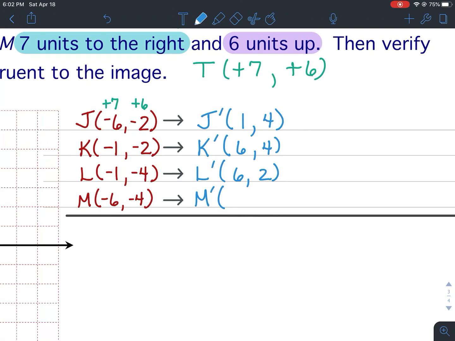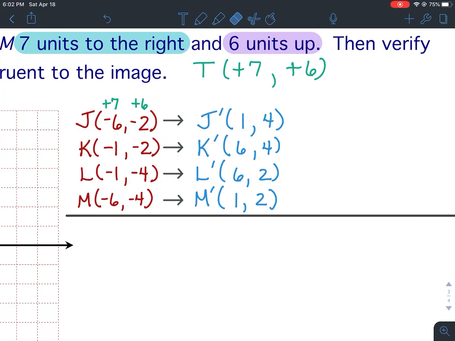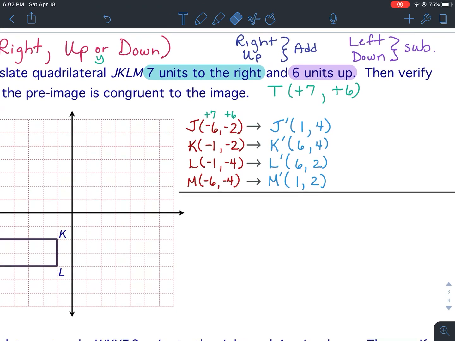For M to M prime, negative 6 plus 7 is 1. And negative 4 plus 6 is 2. I like to put the lines just to keep everything organized. Okay, so we've got J prime is at 1, 4, K prime is at 6, 4, L prime is at 6, 2, and M prime is at 1, 2.